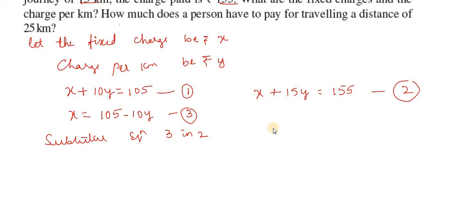So what are you going to get? x plus 15y is equal to 155, so here 105 minus 10y plus 15y is equal to 155.